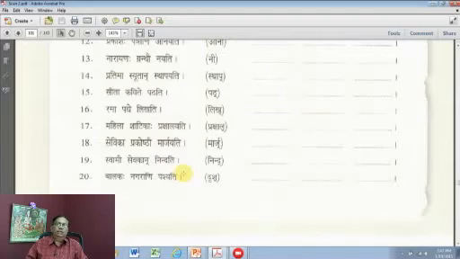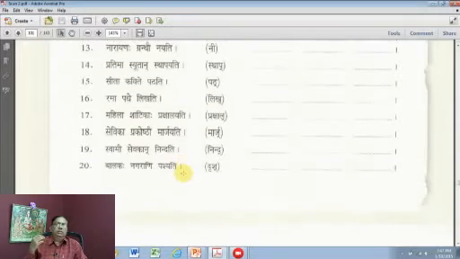Swamina is Trutiya Ekavachana. Sevakan becomes Sevakaha. Nindyante. So, servants are accused by the master. Servants are abused by the master. Swamina, by the master. Sevakaha Nindyante.